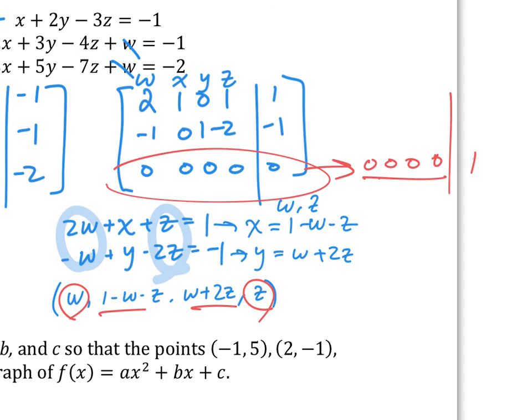So the variables are all gone, and then you have a number on the right. What does that mean? That means no solution, because all your variables are gone and then you have a number. That is impossible. Remember in algebra 2, you have something like 2 equals 0. Well, that's never true. So never true means no solution. If you see something like that, that's a definite no solution.